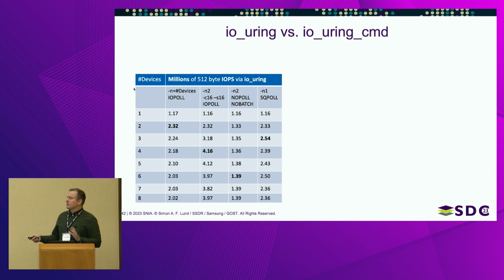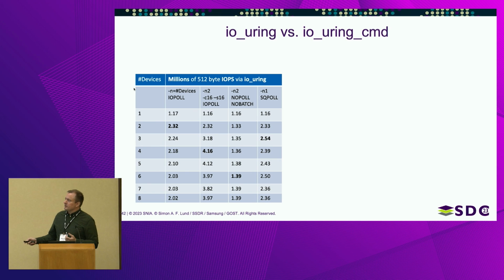Initially, we're going to look at the number of devices. We have 8 in the system, and 4 different configurations for running test iouring. Why am I doing this? To get a sense of what's required to get efficient use of iouring.